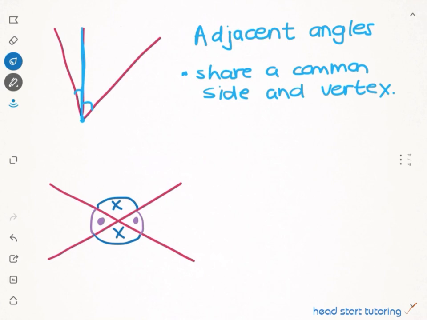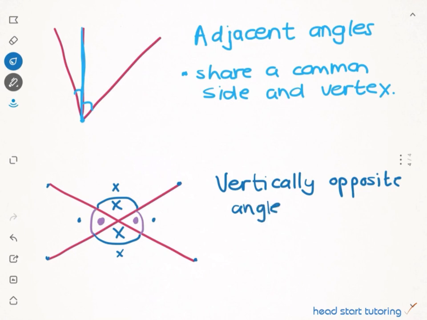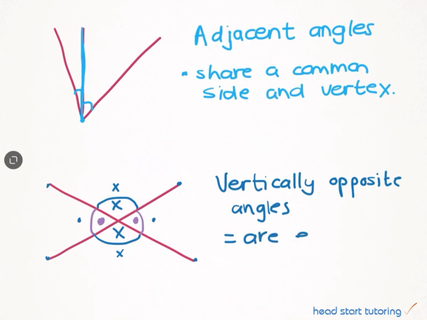Because these lines here are straight lines and they are bisecting, it doesn't matter the angle that they bisect at, as long as they are two straight lines that are bisecting. These opposite angles will be equal, and these opposite angles will be equal. So these are called vertically opposite angles. Right? And vertically opposite angles are equal.